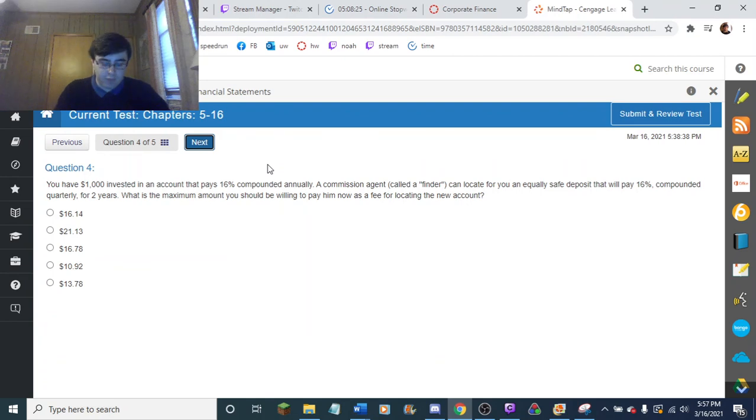So the effective rate of the second thing is equal to 16.99. So actually, the first one has an effective rate of 16%, and the second one has an effective rate of 16.99%.